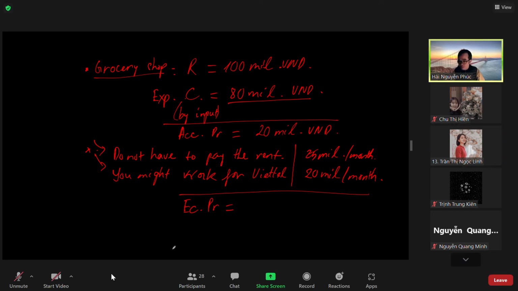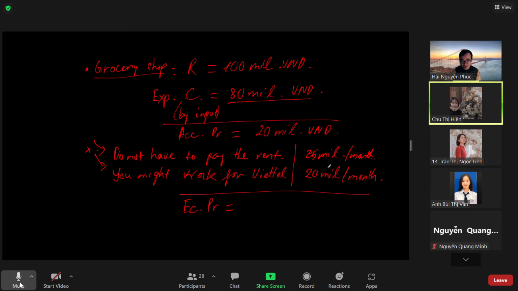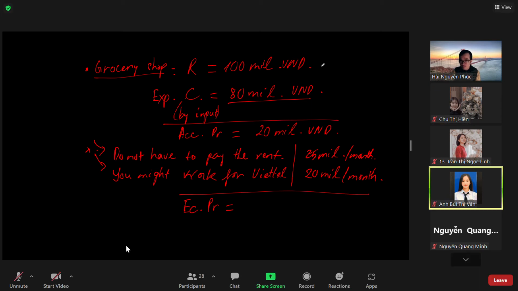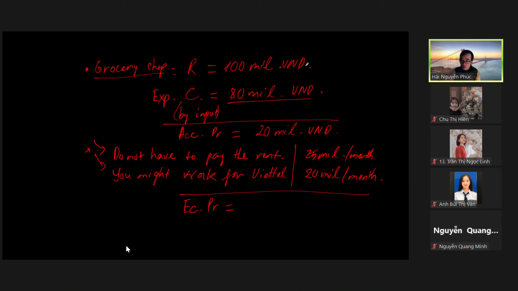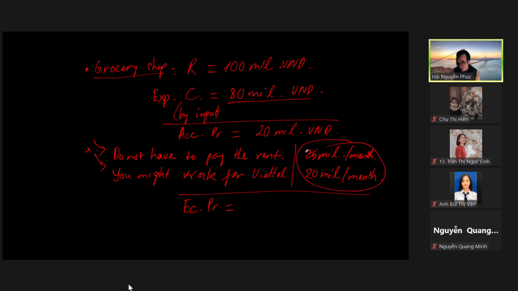25 only? 20. 20 or 25? Actually, your implicit cost is the sum of 25 plus 20.